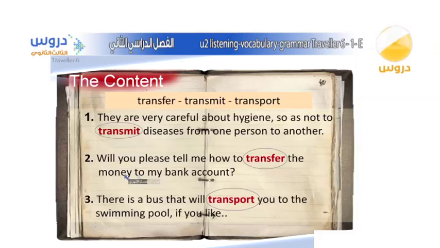I think the sentence is not difficult, because we are talking about money, a bank, and an account, and transfer can lead to the meaning easily in this sentence. The third sentence, there is a bus that will transport you to the swimming pool if you like. So this is an example of words easily confused.